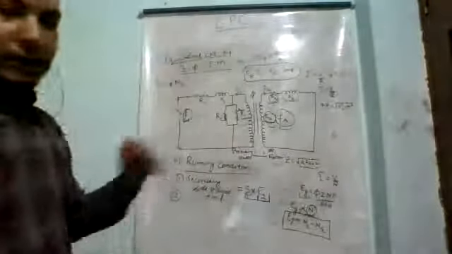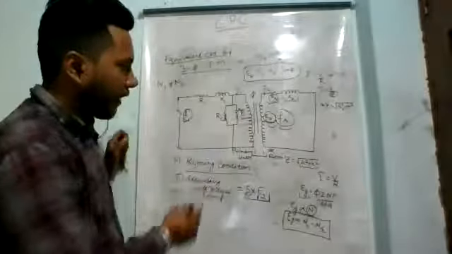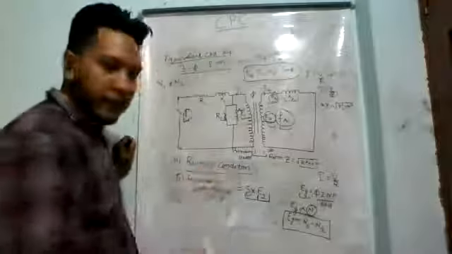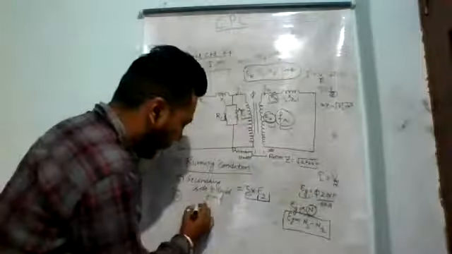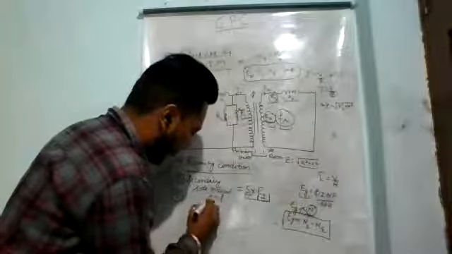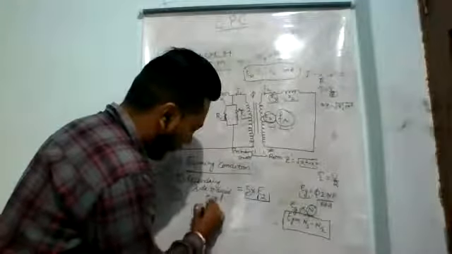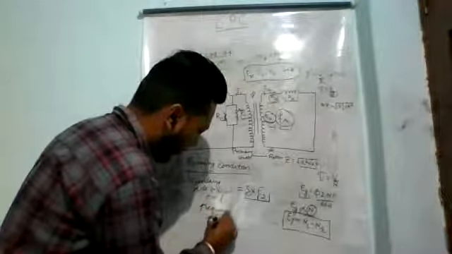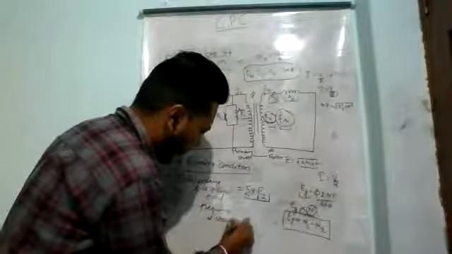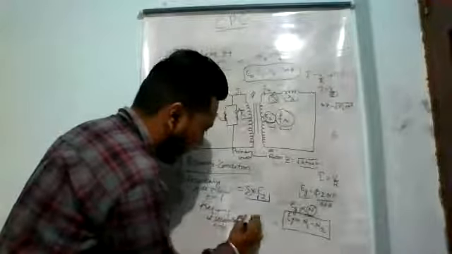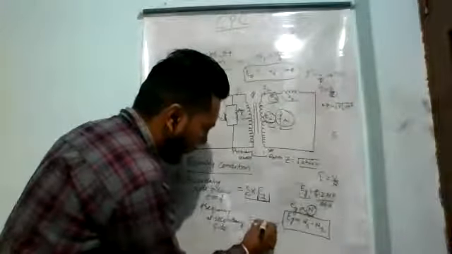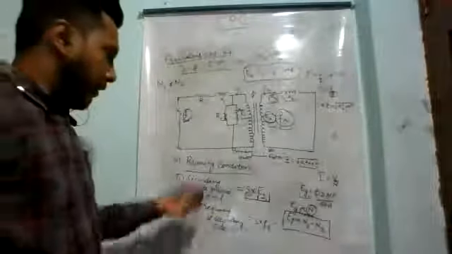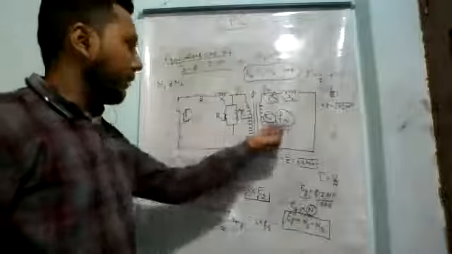Now if we are talking about the frequency, what is the frequency at the secondary side? As I said, at running condition the slip exists. Therefore, the secondary side frequency is given by S into Fr. At standstill condition, the supply frequency is the same as the rotor frequency.